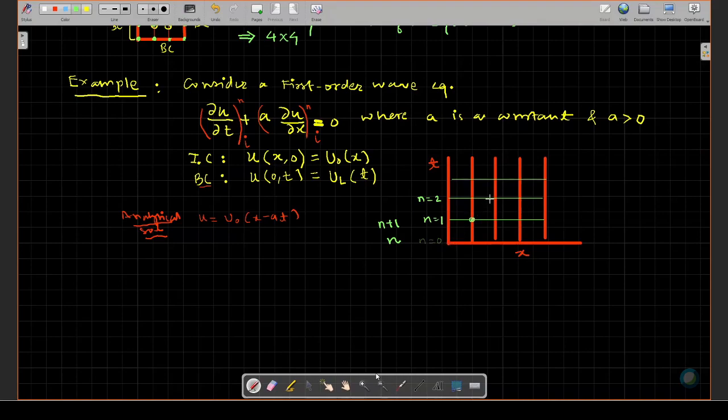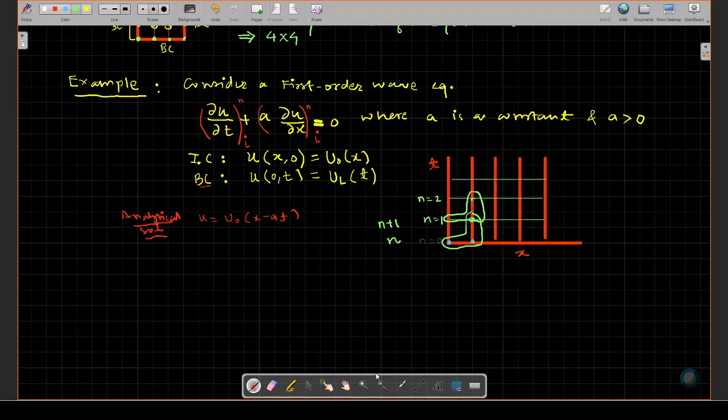You have a characteristic passing through it. These points will be considered for calculating this green value. Similar things can be done for other times also.